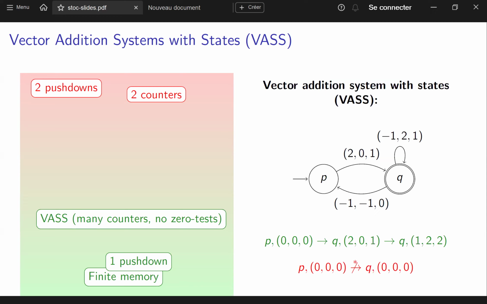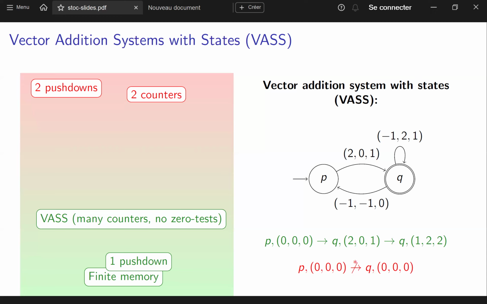Again, we omit the input letters since we are only interested in reachability, or equivalently in language emptiness. The vectors on the transitions describe how the counters are updated. A positive number means that the counter is incremented, and a negative number means that it is decremented. Transitions are allowed only if all counters remain non-negative. In this example, you can go from P with counters at 0 to Q with counters 1 and 2.